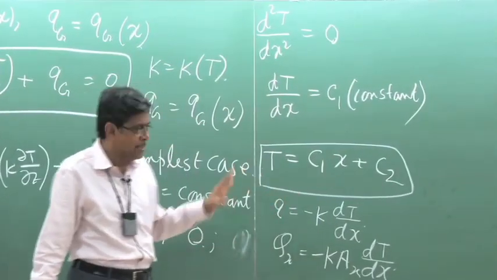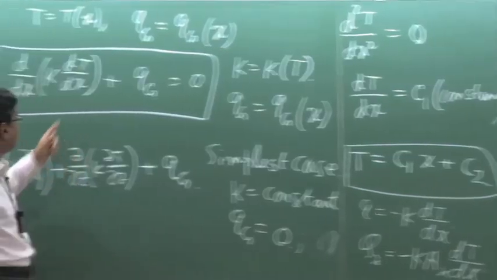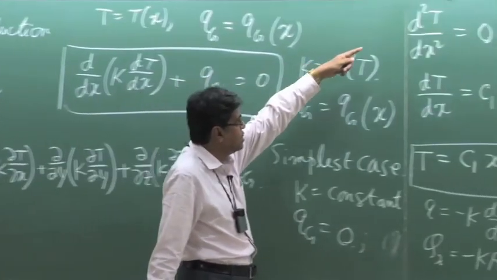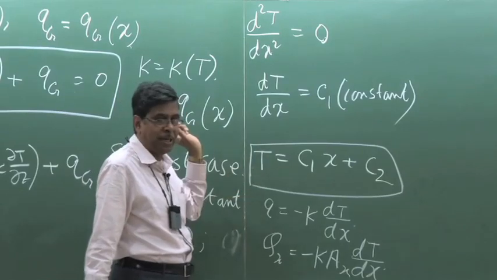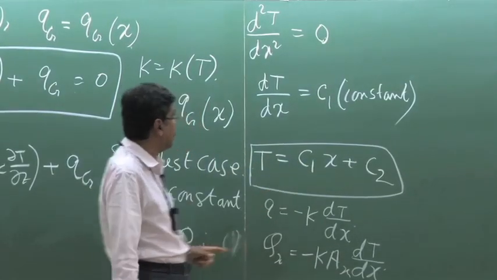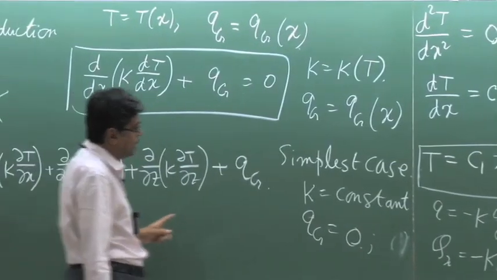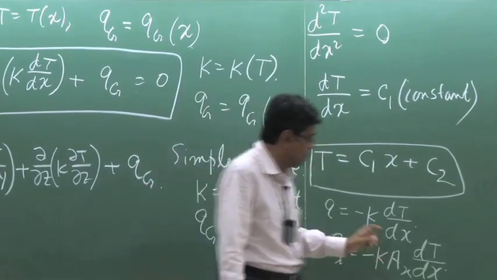That will be discussed later on. But at this moment, when we derive it from a differential equation and get d²T/dx² equals 0, this is from the differential form, a linear temperature profile under constant thermal conductivity and zero thermal energy generation, where the normal area remains constant.